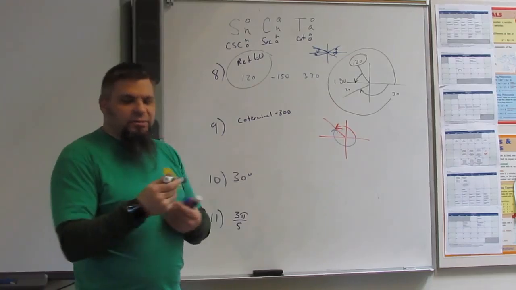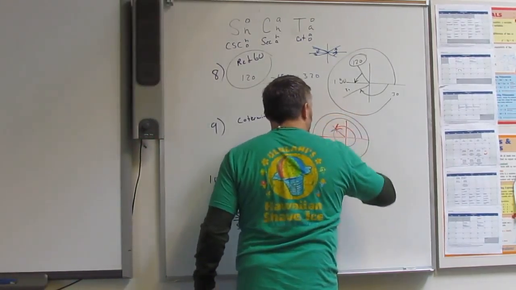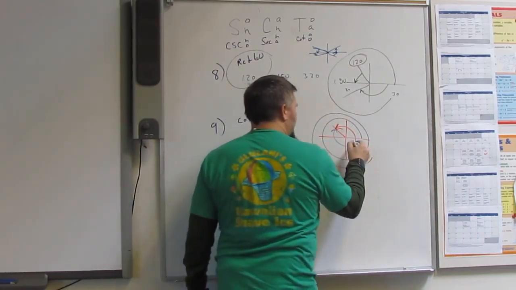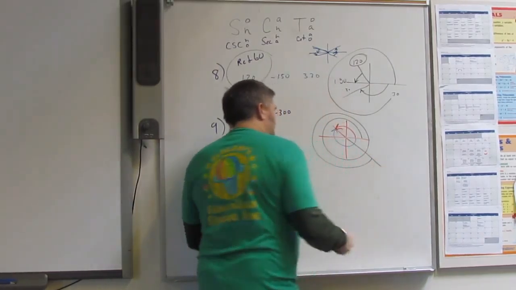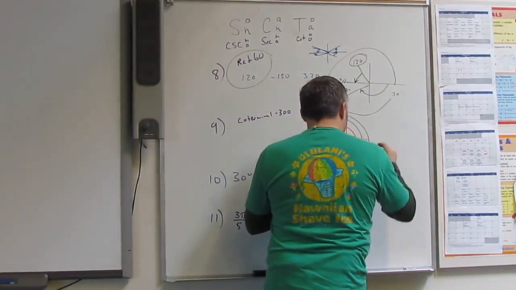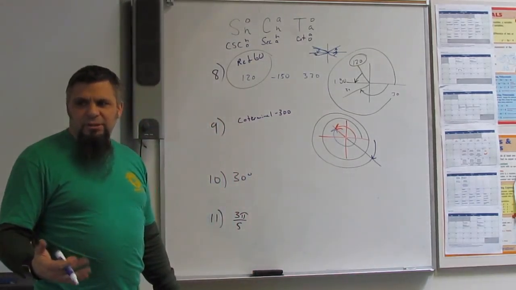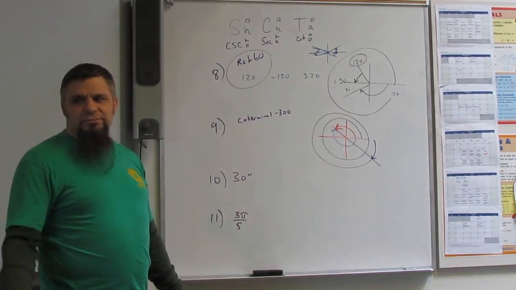Or if you have another angle that looks like this, let's say you go around twice and come to there, then the rest of the angle would get you to there, to finish your circle. It's always about finishing the circle.